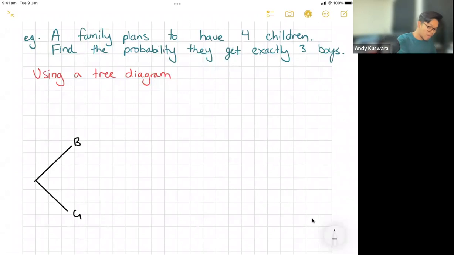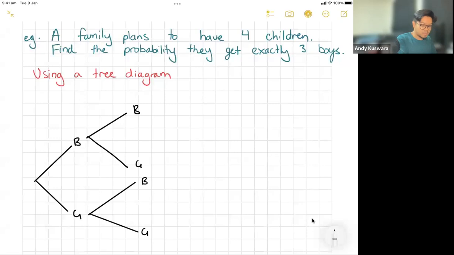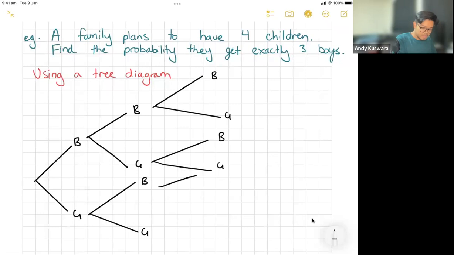Then for your second kid, you can have a boy or a girl again. Or if you have a girl, for your second kid, you can have a boy or a girl. And then we do this again. You can either get a boy or a girl. And then same thing, boy, girl, boy, girl, boy, girl.